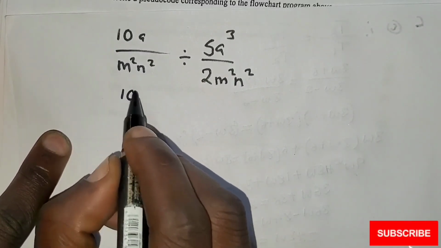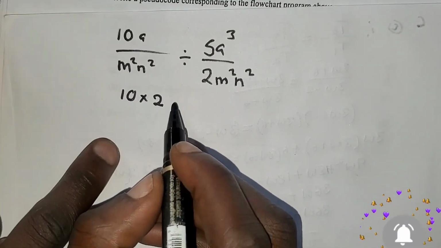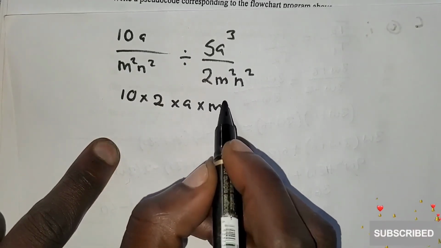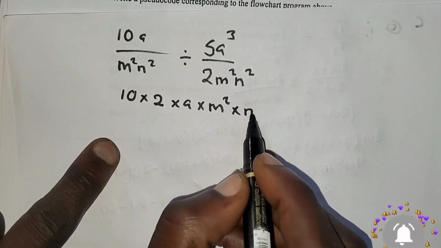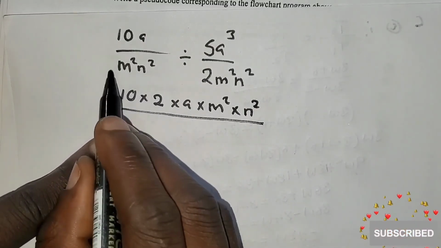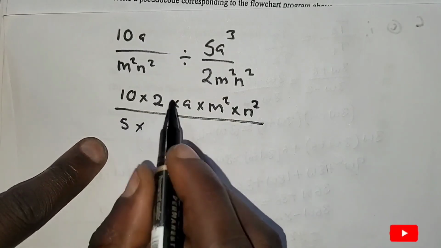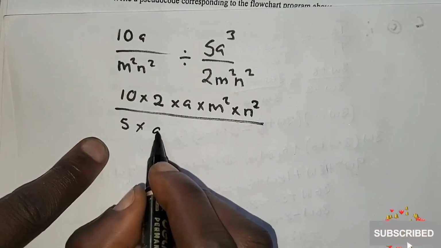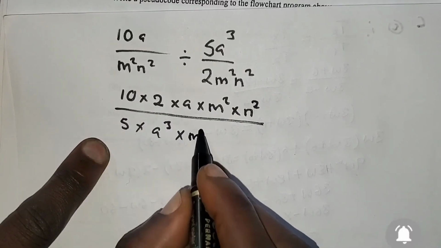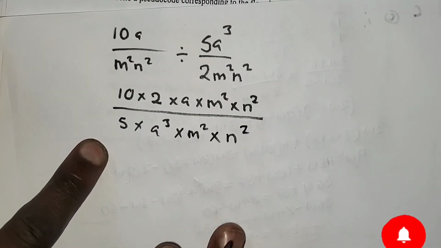So it will be 10 times 2, starting with numbers first, then times a times m squared times n squared, over 5 times a to the power 3 times m squared times n squared.